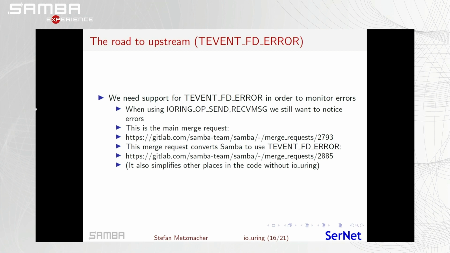In order to split that, we thought about implementing the fd error flag, and with the io_uring work I finally found the reason to really do it, and I have patches to implement that, so that with io_uring send and receive message we still will be able to use the main tevent code in order to detect errors and tear down the connections as fast as possible.